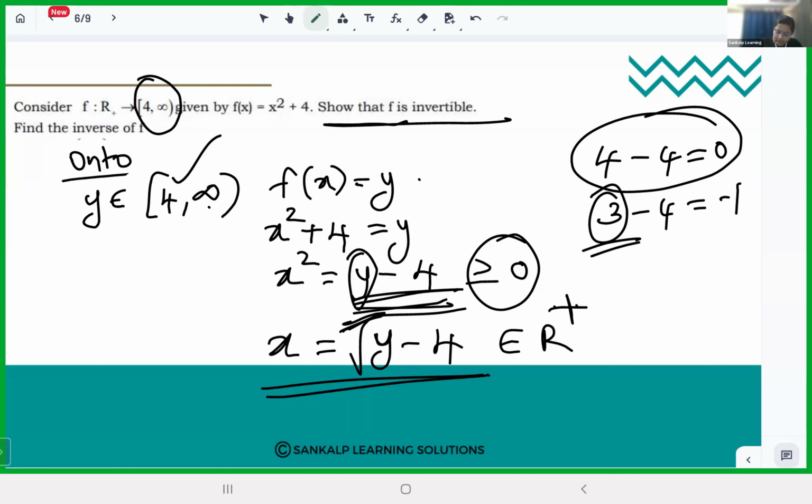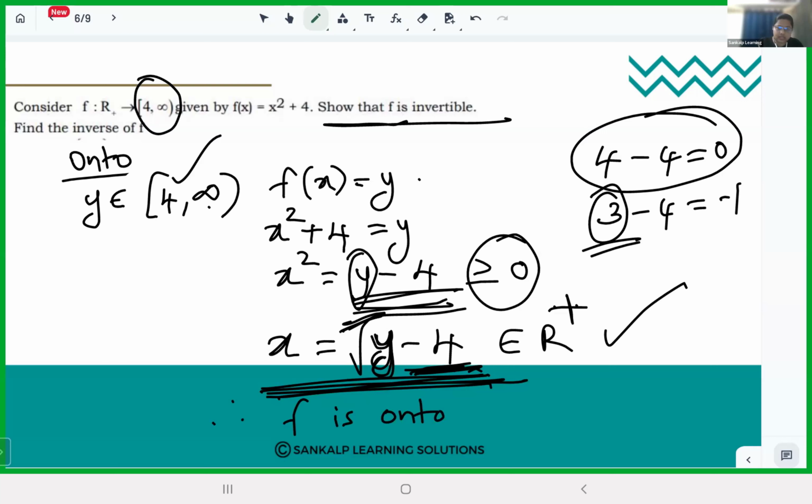Here you can see that y cannot take numbers less than 4, only then would the value inside the root become negative. So we can clearly say that x equal to root of y minus 4 belongs to the set of positive real numbers. Therefore, we can conclude that f is onto.